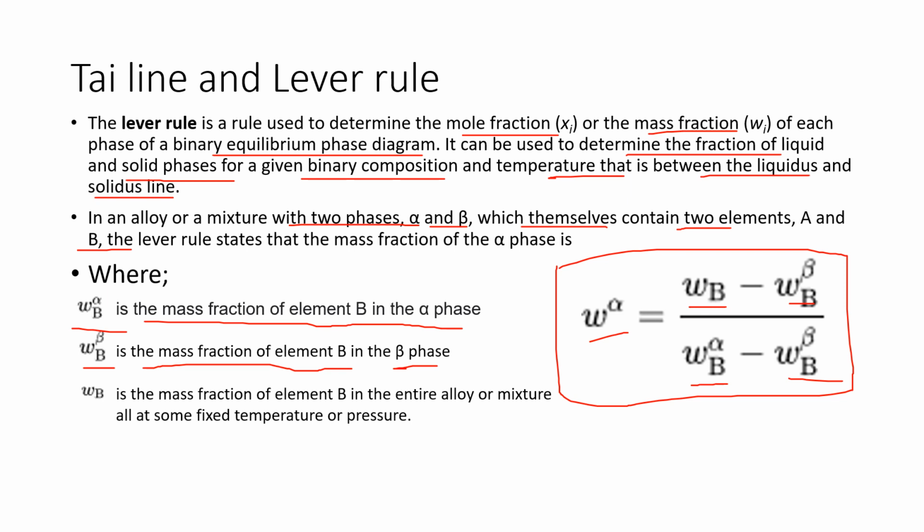This is for two different phases. WB is the mass fraction of element B in the entire alloy or mixture, all at some fixed temperature or pressure. We will simplify this formula further by solving some numerical examples, and we will explain it further in the upcoming slide.